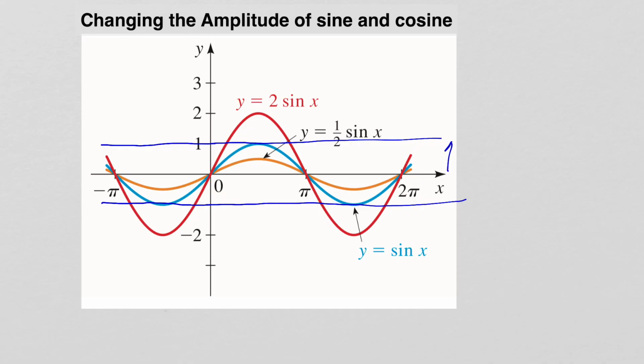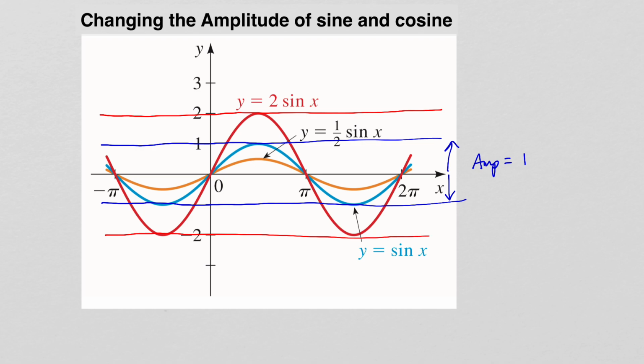And so it bounces 1 unit above and 1 unit below, and this is what we refer to as the amplitude. So when we multiply sine of x by 2, that just increases the amplitude. Now that graph bounces between positive 2 and negative 2, right? And so the amplitude of that graph is 2.